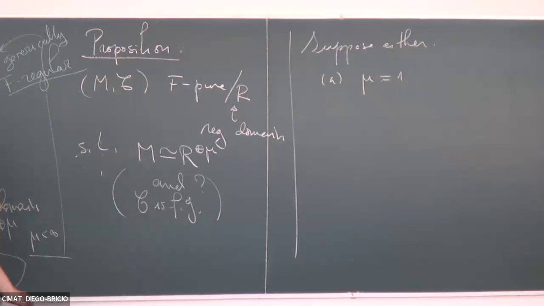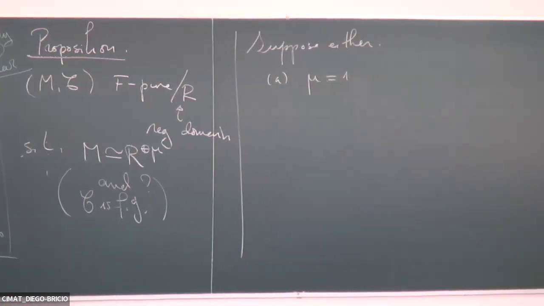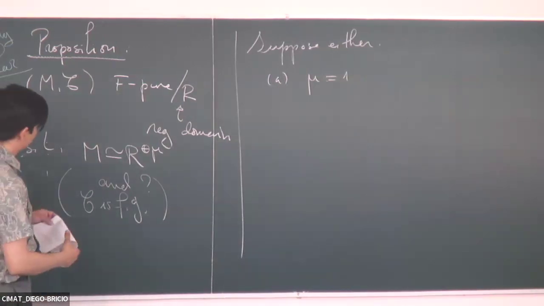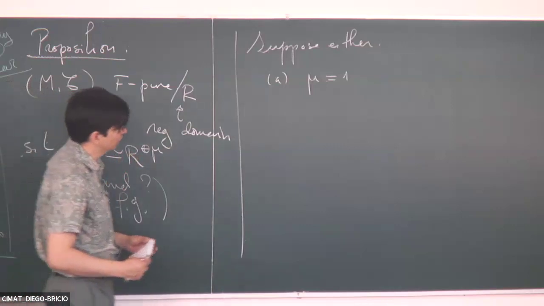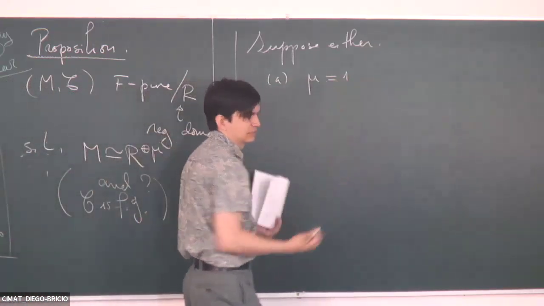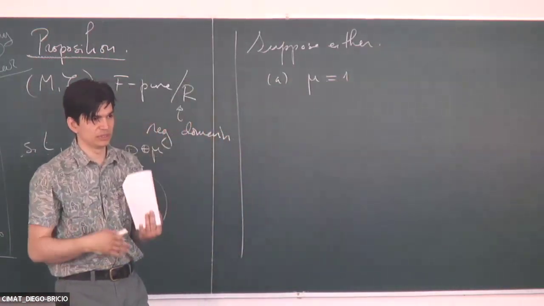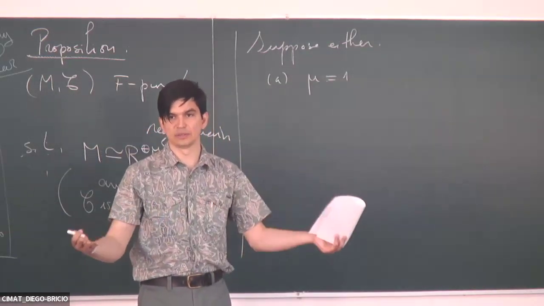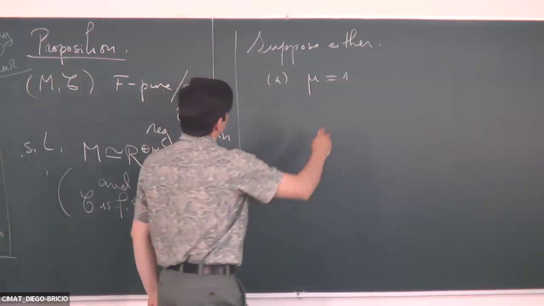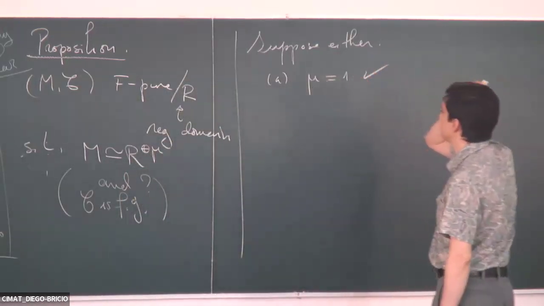The 0 module is regular. So, in other words, suppose that M is isomorphic to R. So this is the classical case, because this is going to tell about the singularities of R. It's a Cartier algebra acting on R. So this is arguably the most important case.